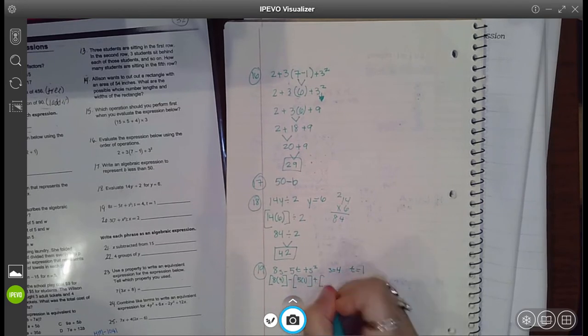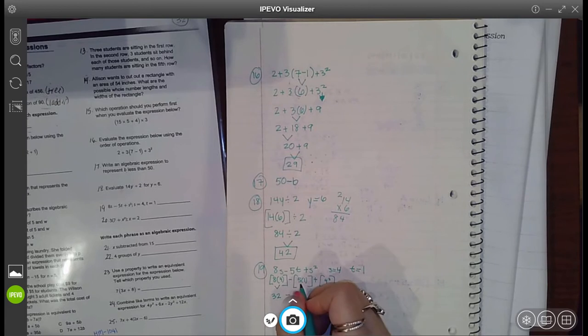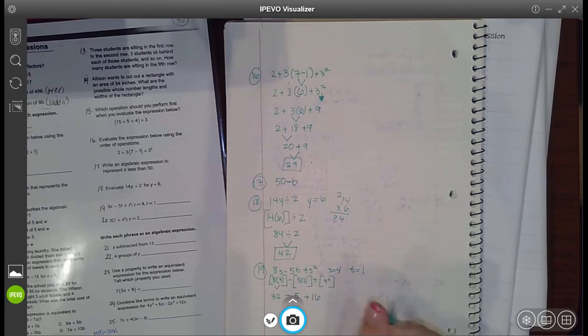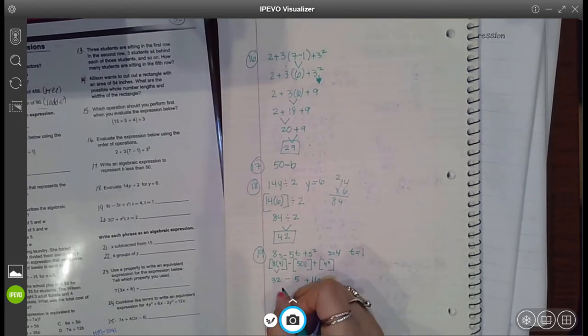Plus this term, S is a 4, and it's being squared. So this term simplifies to 32, minus this term simplifies to a 5, and this term simplifies, 4 squared is 16. And then when deciding between addition and subtraction, you go from left to right.